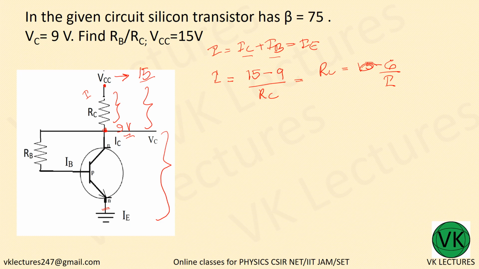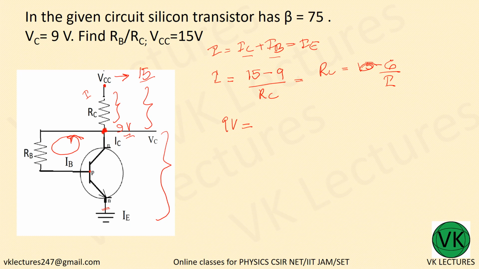Now what is RB? In order to find RB, you have to go through the input, right? Now what is the voltage at this point? 9 volt. It's actually not input, this loop you can consider from this point to this point. Why?